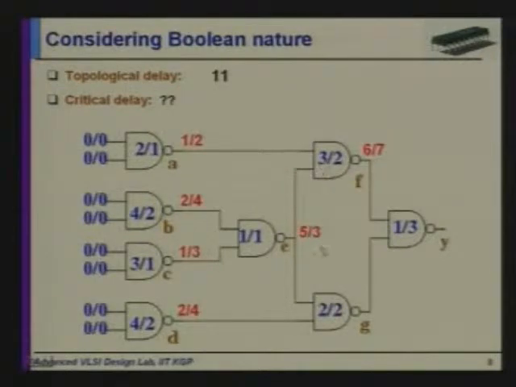For the fall there will be a rise, it's 6, and for 5 it will be fall, so 7. Clear? For G it will also come 6/7.